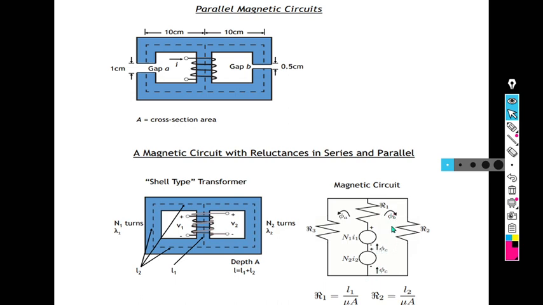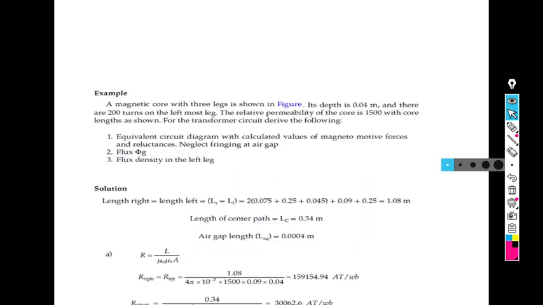So minus N2I2 minus N1I1 plus phi B R1 plus phi B R2. So N1I1 plus N2I2 is equal to phi B R1 plus phi B R2. Or you can take this other path, where phi B and phi A are the same. In this way you have to solve this problem.